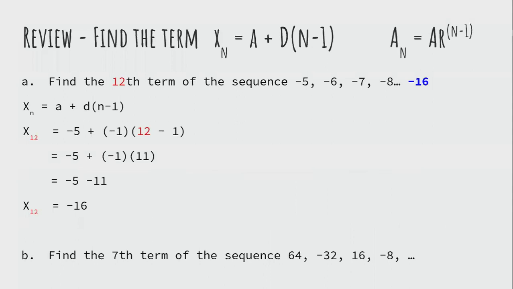Does anybody need to see that one a little longer? Again, I show every step. If you can skip some of those steps, that is fine. But I want to show every step so that whoever isn't here can follow.